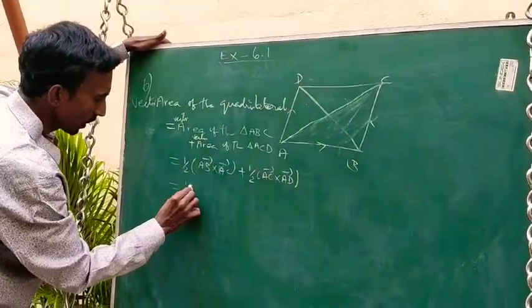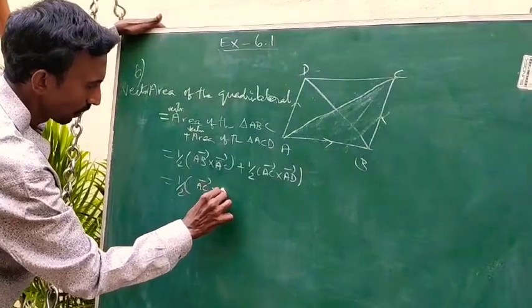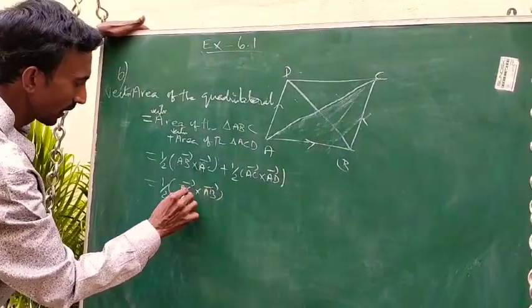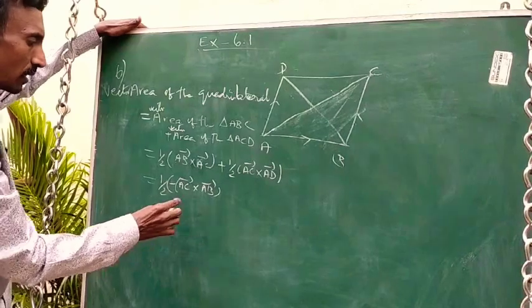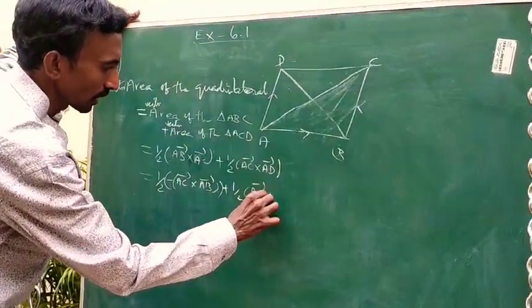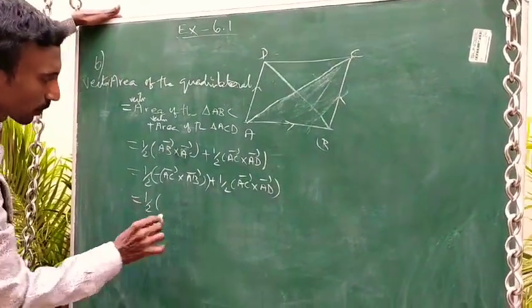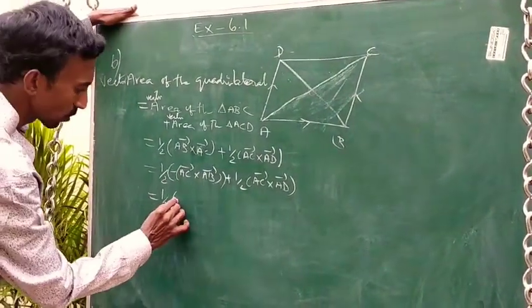So if we interchange the cross product, we get a negative sign. Half into minus AB cross AC, plus half into AC cross AD. So using the distributive property, we can take AC outside.